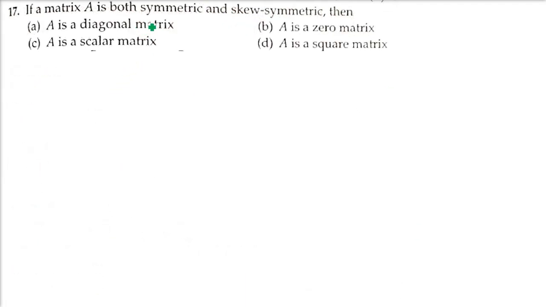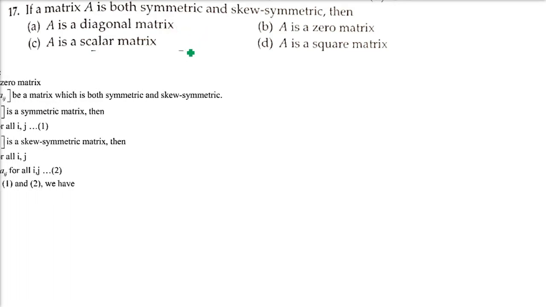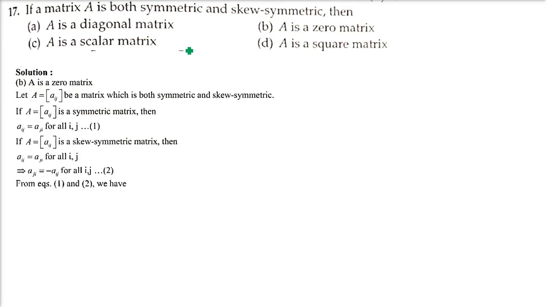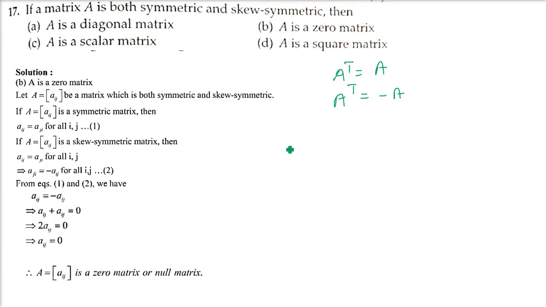If a matrix A is both symmetric and skew symmetric, then we have already seen this can only be a zero matrix. I'll tell you how. A transpose equals A, that is a symmetric matrix. A transpose equals negative A, that is going to be a skew symmetric. In the transpose, Aij will change to Aji, that is the row and column we are exchanging.